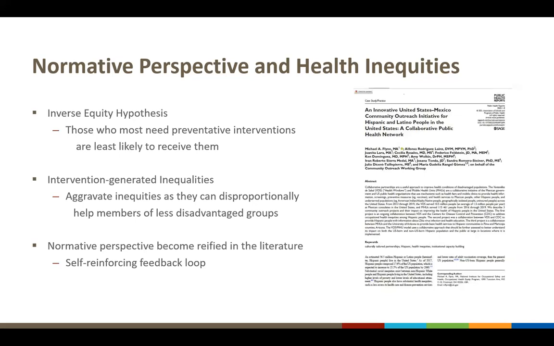And so what we're talking about here is that the normative perspective, when research is done and not accounted for, becomes reified in the literature and is really a self-reinforcing feedback loop, where if we don't identify the inequities or find out how to fix them, then all of that research influences the funding that goes towards interventions and further research down the road.